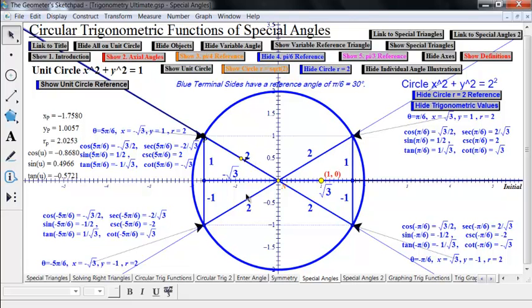X is negative square root of 3, y is 1, and r is 2. And so cosine, being x over r, is negative square root of 3 over 2. Its reciprocal, secant, is negative 2 over square root of 3. Sine is y over r, that's a half. Its cosecant is the reciprocal, which is 2. Tangent is negative 1 over square root of 3, and cotangent is minus square root of 3.